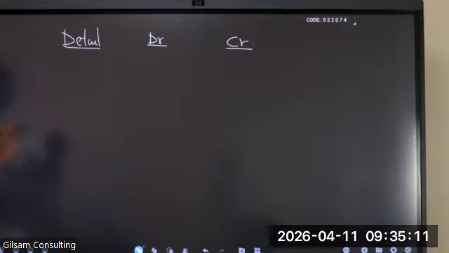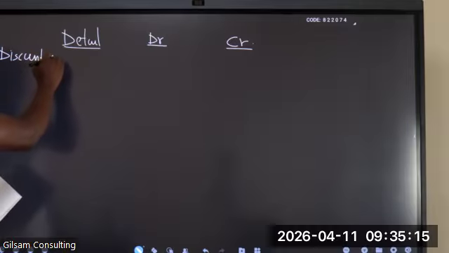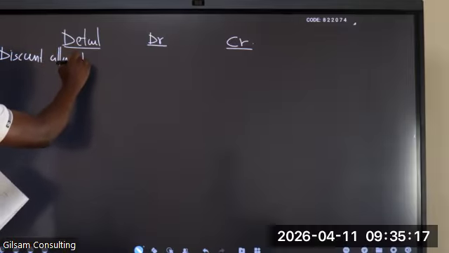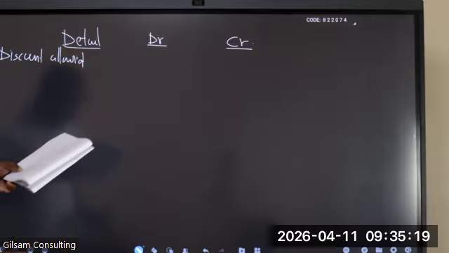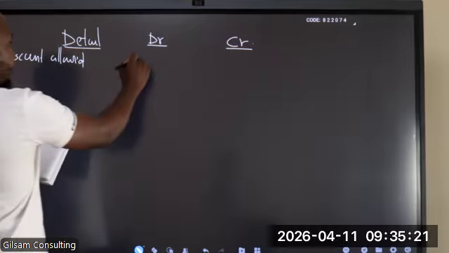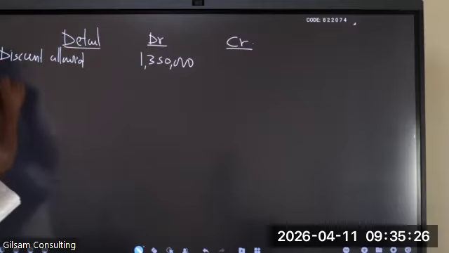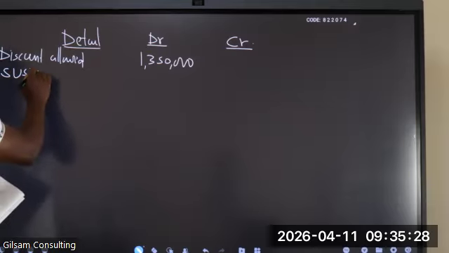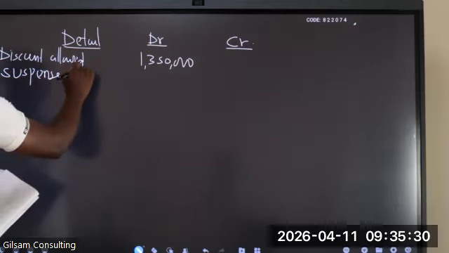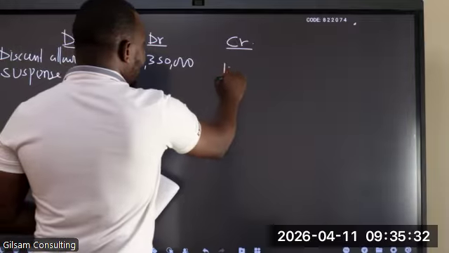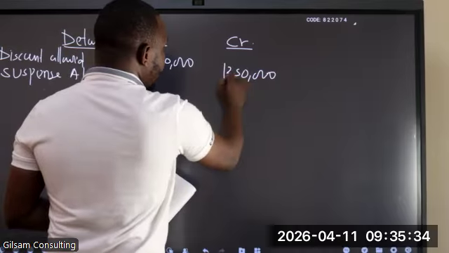So we have discount allowed. We debit the discount allowed of 50,000, and then suspense account 50,000.